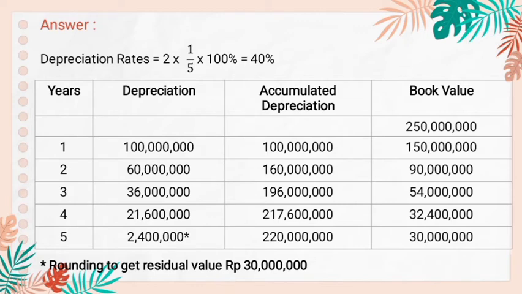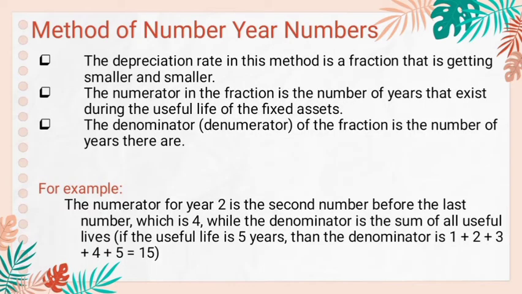Then we fill the table and use the rate to accumulate the depreciation, and at the end we round to get the value of 30 million rupiah. So the depreciation for year 5 is 2,400,000 rupiah.